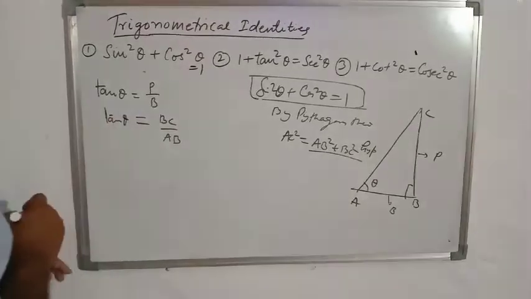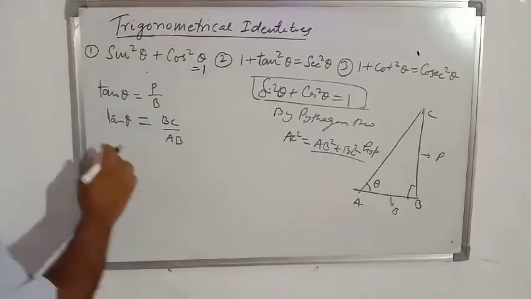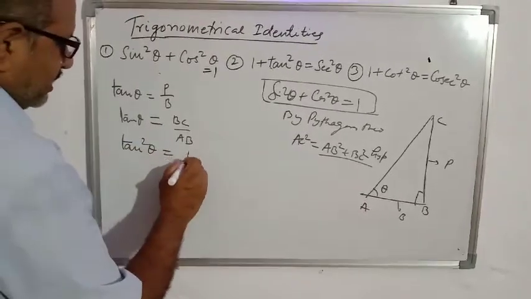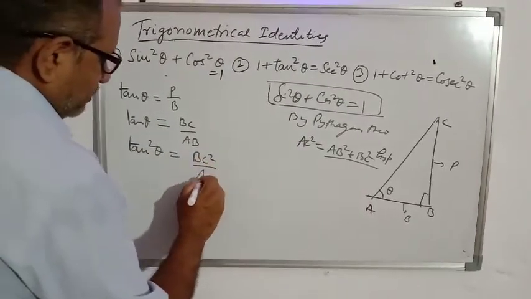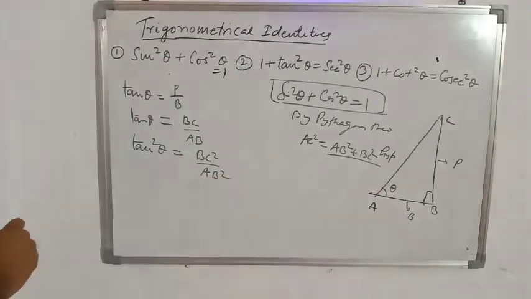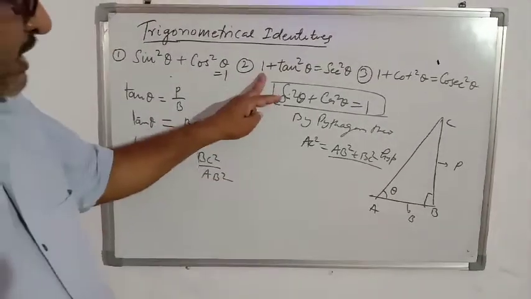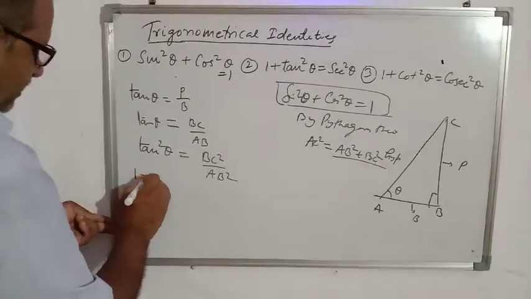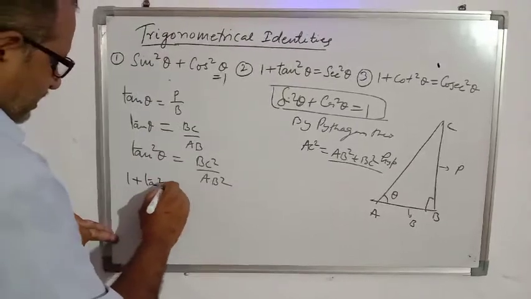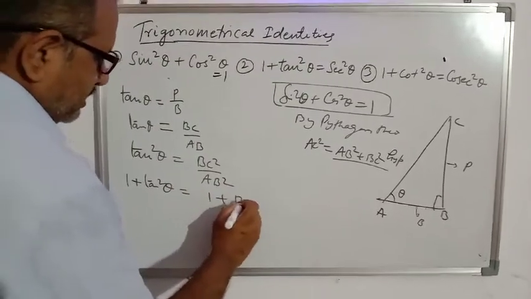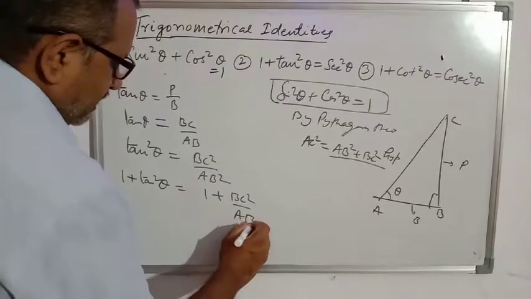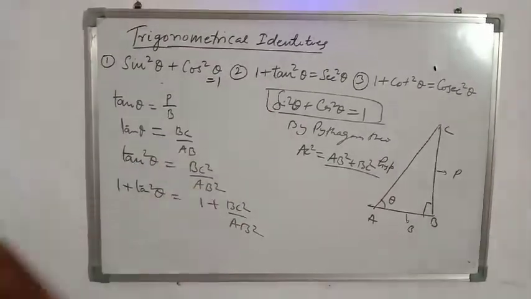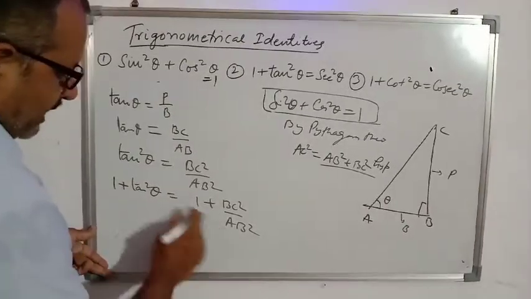It is tan theta, but we want tan square theta. So write tan square theta, it is BC square upon AB square. We have to bring here 1 plus tan square theta, so adding 1 on both sides. So 1 plus tan square theta is equal to 1 plus BC square by AB square. When we add it, what will come?